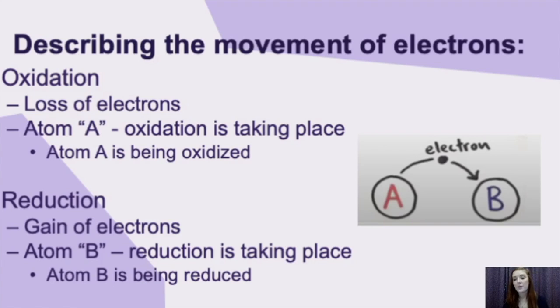Anyways, you don't need to worry about that. Just remember that it's the opposite. I have a little mnemonic device that you can use in order to recall and not get confused. So just remember, reduction is actually a gain of electrons. In this example, atom B, reduction is taking place. Atom B is being reduced, because it's gaining an electron.